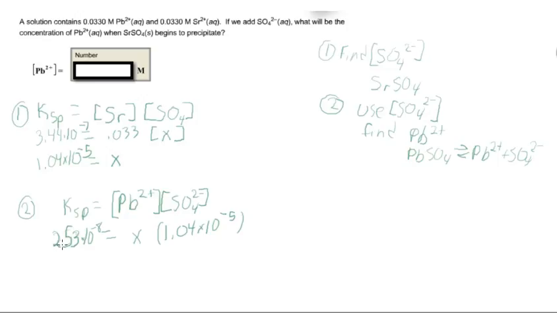Okay, so divide both sides by 1.04, and we get x equal to 2.4 times 10 to the negative 3, and that is the concentration of lead.